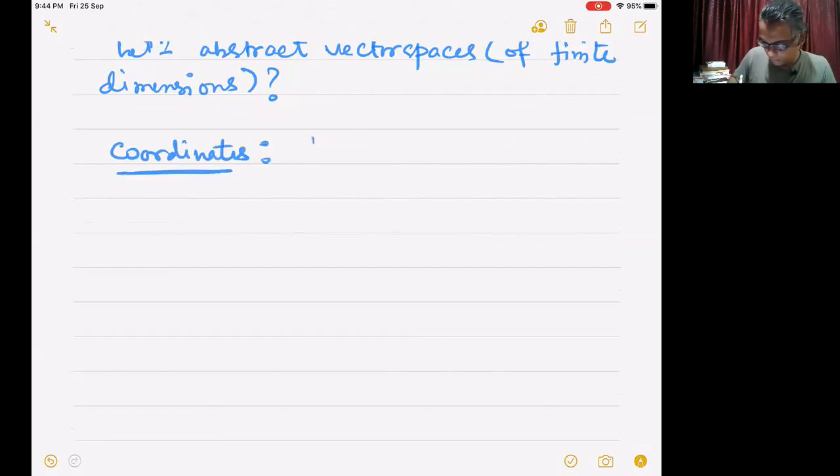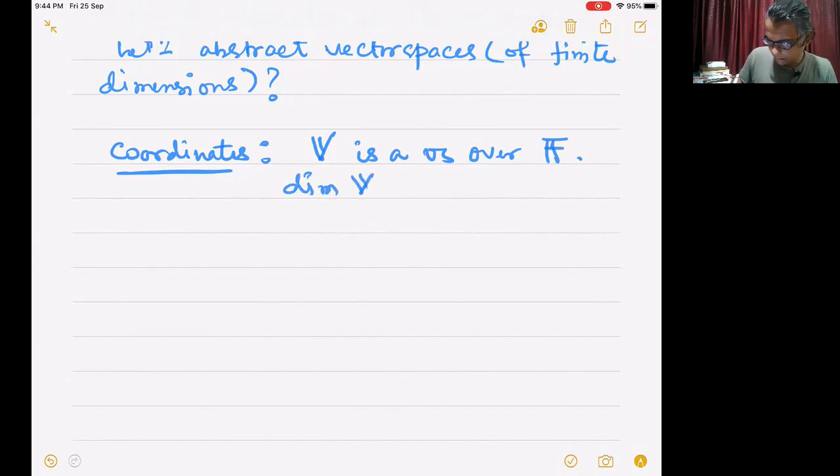So V is a vector space over a field F. The dimension of V is, say, n, which is finite. Then one can set up a map like this.